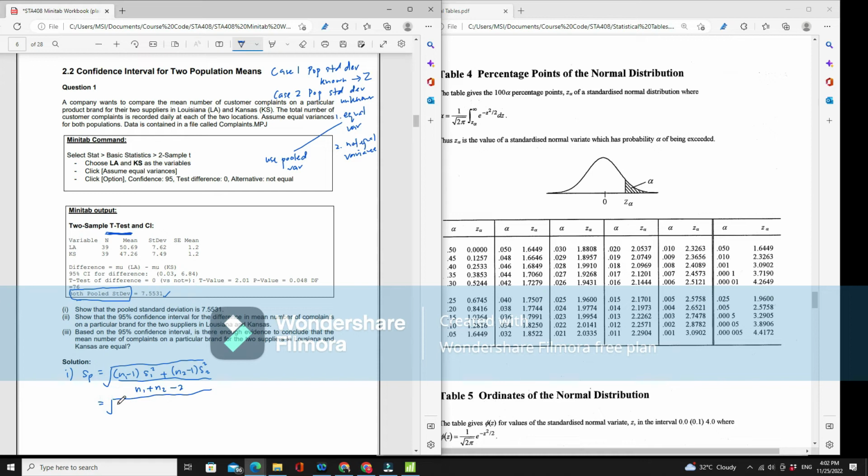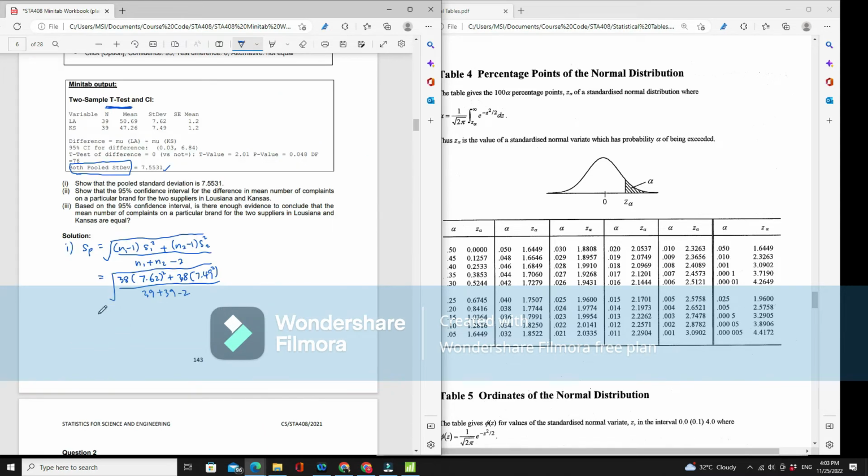So we have 38 times the standard deviation 7.62 squared plus 38, since n2 is 39 also, so n2 minus 1 is 38, times 7.49 squared, divided by 39 plus 39 minus 2. And then you calculate, you will get the answer 7.555.